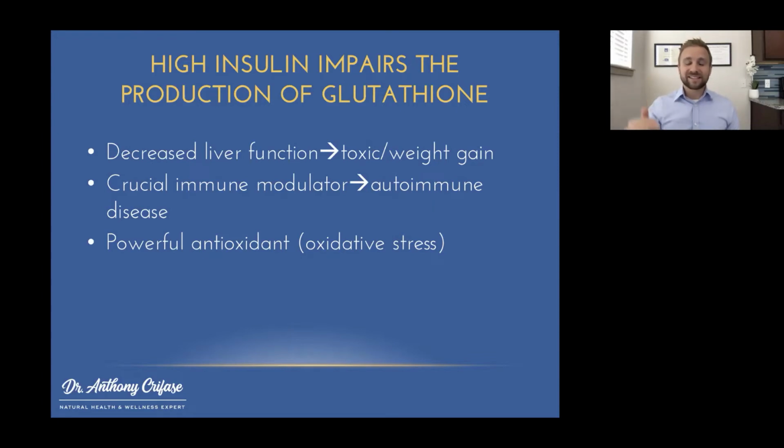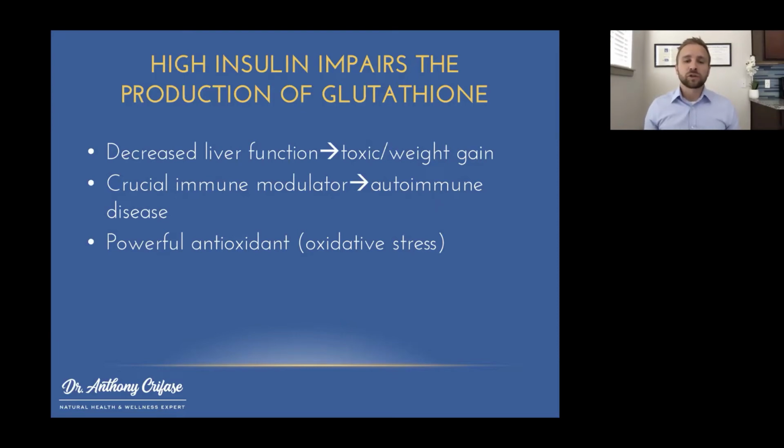And now what happens is this increases the overall toxic load and the toxic burden in the body, leading to more weight gain. Okay, this is a really important point here. So we need to get to the root issues here. We cannot just be relying on medication to fix these things. Furthermore, oftentimes prescription medications have damaging effects to the liver. They're very hard on the liver, which adds to this toxic load.